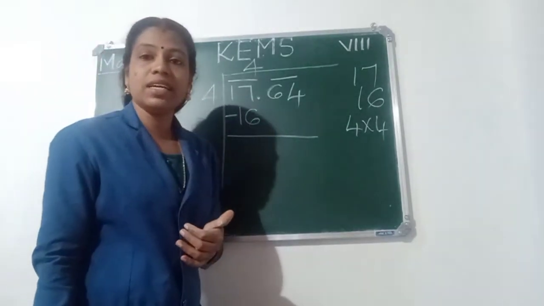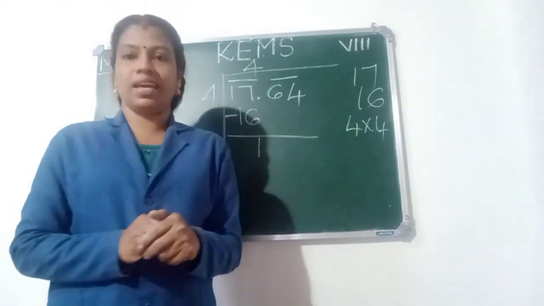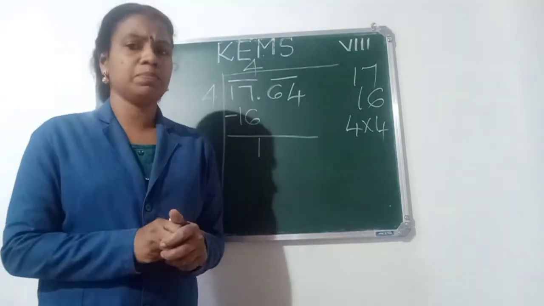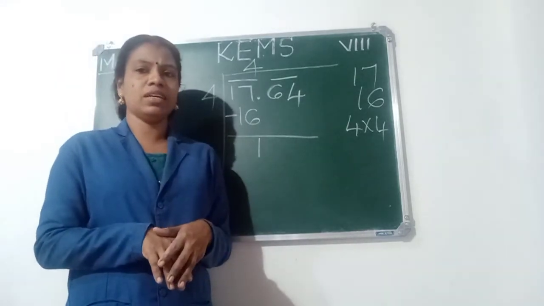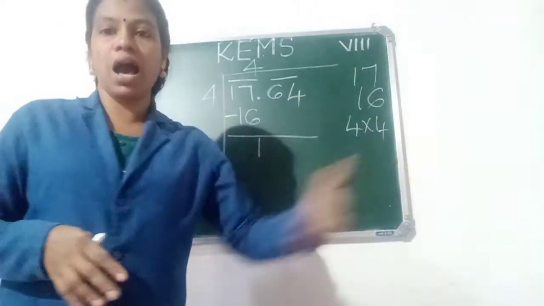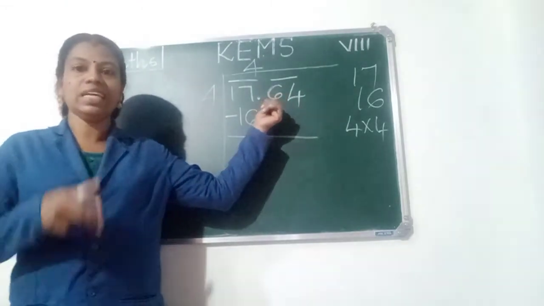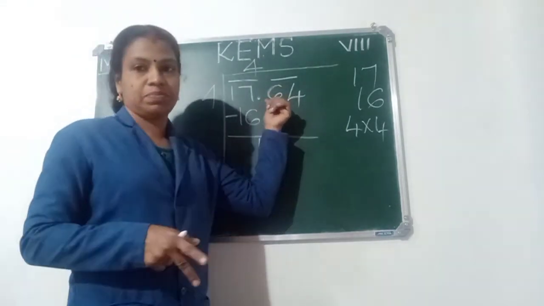17 minus 16 is 1. 1 is the remainder. Okay, then what is the next step in the long division method? Yes, the next step is to bring down the next bar number. But here we have a decimal point in the number.